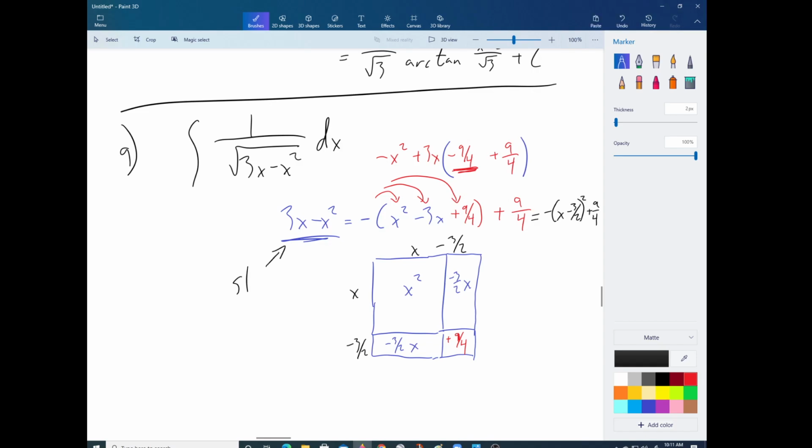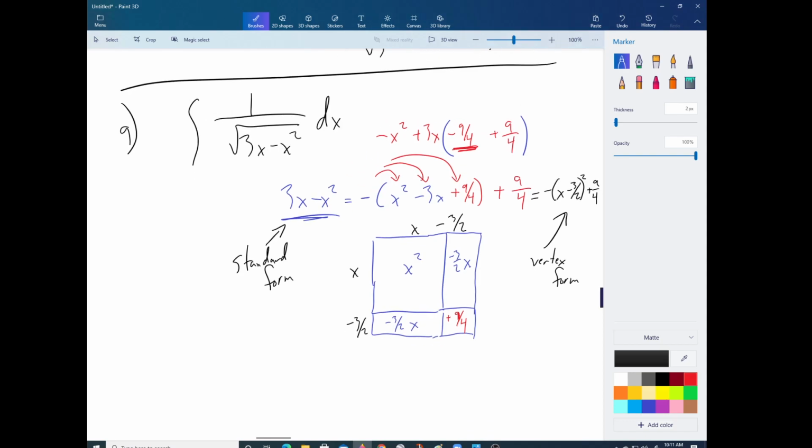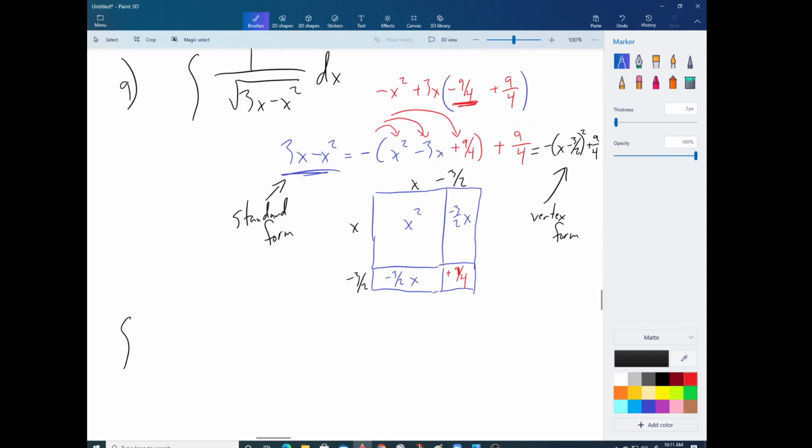We've gone from standard form to vertex form. And to put it in the form I'm more used to, I am going to switch the order so that I have the minus in the middle instead of in the front.